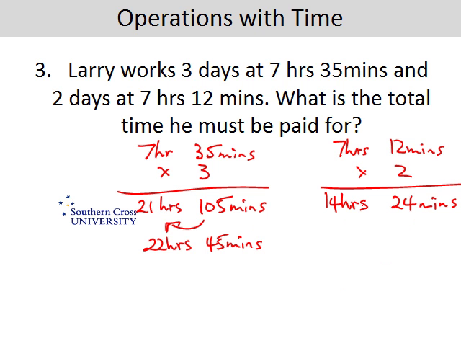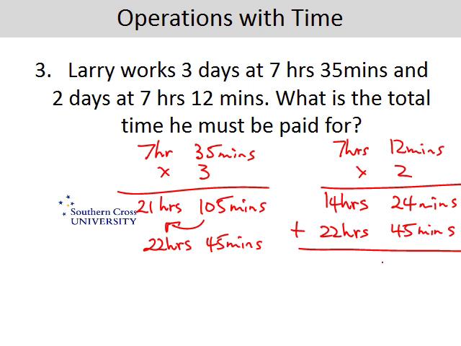Now these two need to be added together. So if I was to set it out, setting out is my problem. Okay, let's add 22 hours 45 minutes under here. It's not ideal, but I don't have the space to do it any other way.